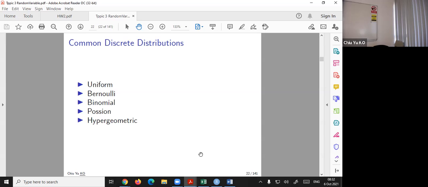Bernoulli says that an outcome in the sample space can be classified as success or failure, and Bernoulli is just the number of successes, so it's either 0 or 1. Binomial is just repeating the Bernoulli independently n times.